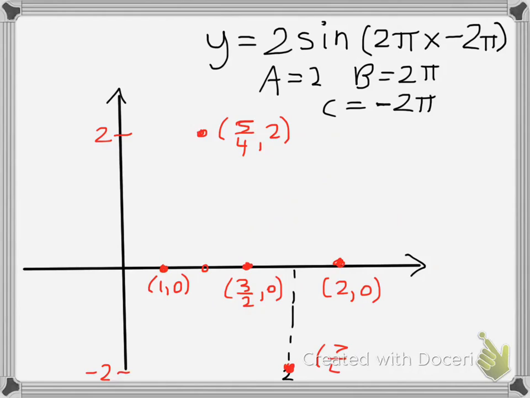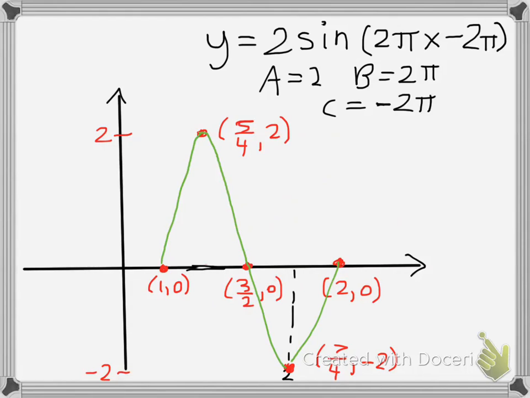So this point is 7/4, -2. Because remember, the wave reaches its lowest point halfway between when it starts going down and when it starts going up. So now let's just connect the dots. And that's the first part of our wave.